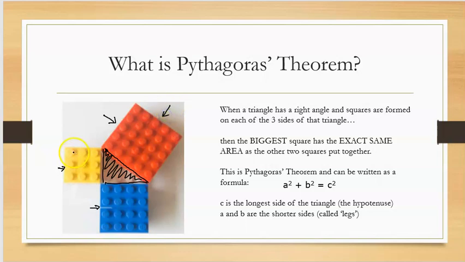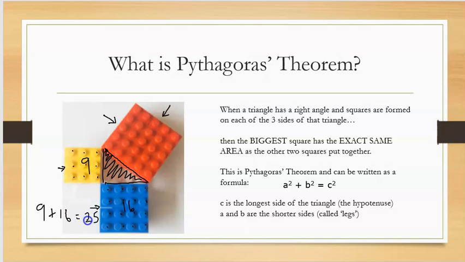Let's just put that to the test. So we've got 1, 2, 3, 4, 5, 6, 7, 8, 9 for that one. And 1 up to 16 for that one. So 9 plus 16 is 25.